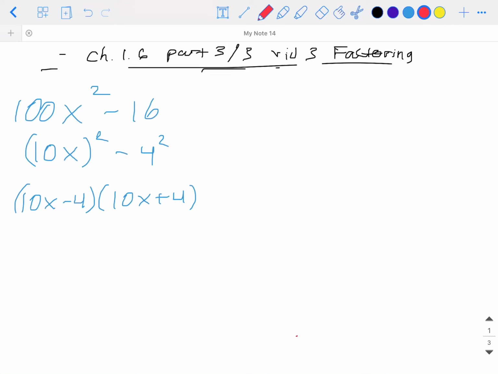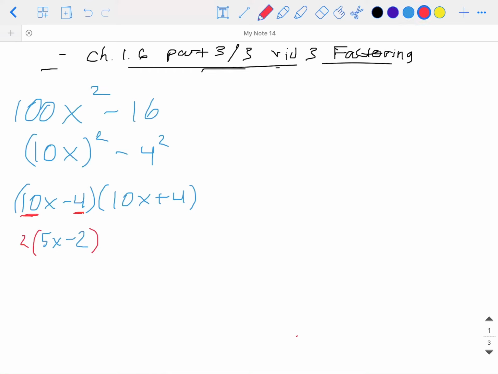Let's not stop there. 10x and 4 are both even numbers, so I can pull out a 2. And from here, 2 times 5 will give us 10, so I'm going to put 5. And then 2 times 2 will give us 4. And the same thing can be done with the 10x plus 4.